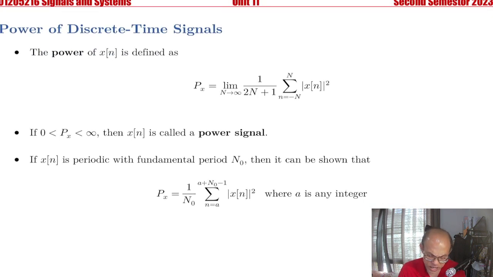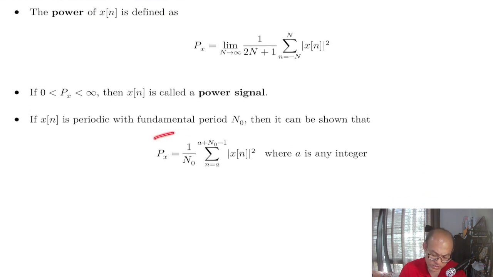Now, energy is not defined, as we know, for periodic signals. Instead, if we have periodic signals, we use something called power, and the definition of power is this. This is the power for a periodic signal.